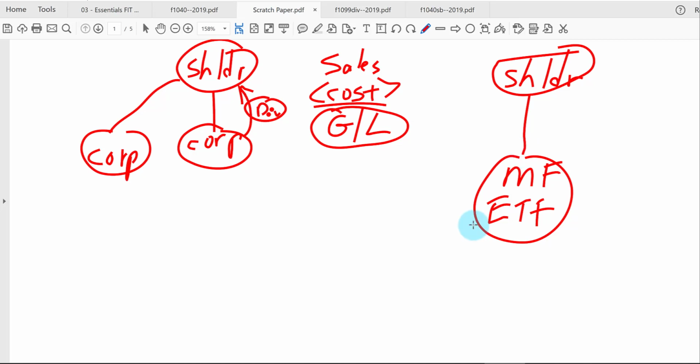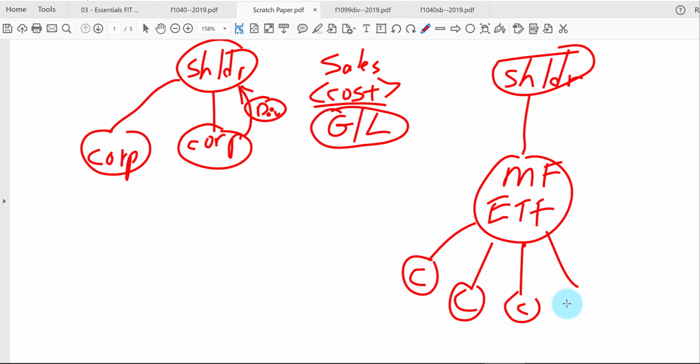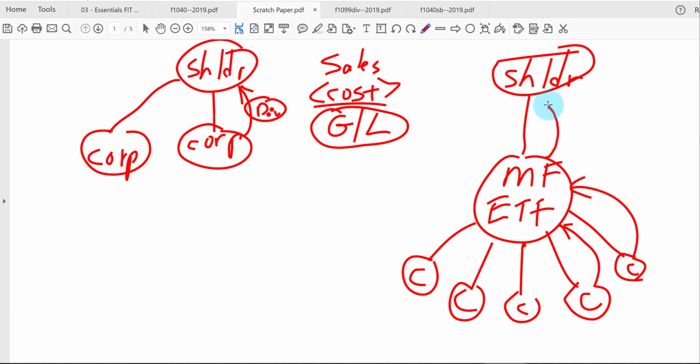And in turn, that mutual fund or exchange traded fund would buy shares of stock, probably dozens of different corporations, to so-called diversify the investment. And likewise, these corporations below may pay dividends back to the mutual fund, paying distributions. And in turn, that mutual fund and exchange traded fund will pay back the shareholder that dividend income.